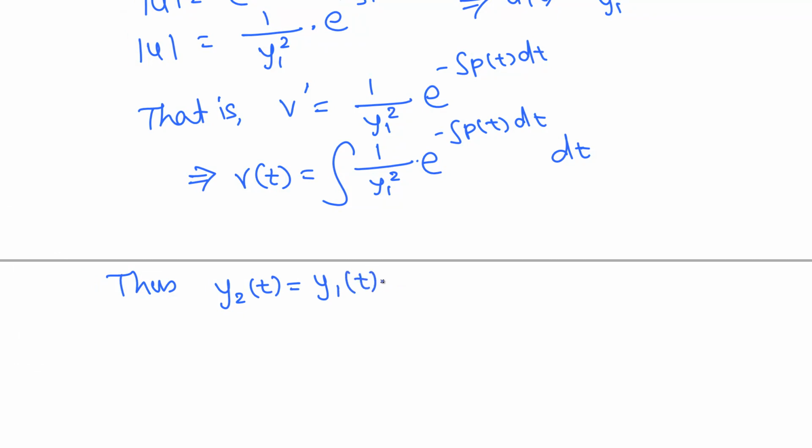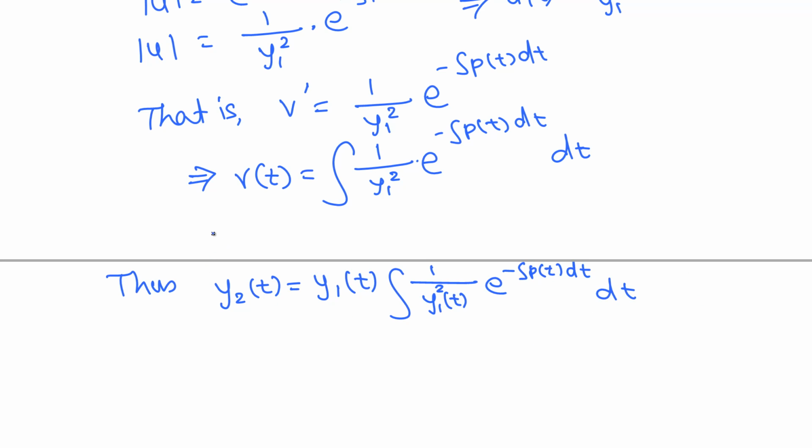I'm writing y1 first, times v, and we just found v. Here, y1 times the integral of 1 over y1(t) squared, where y1 is the given solution, times e raised to negative integral of p(t) dt, plus c. We don't need that part.